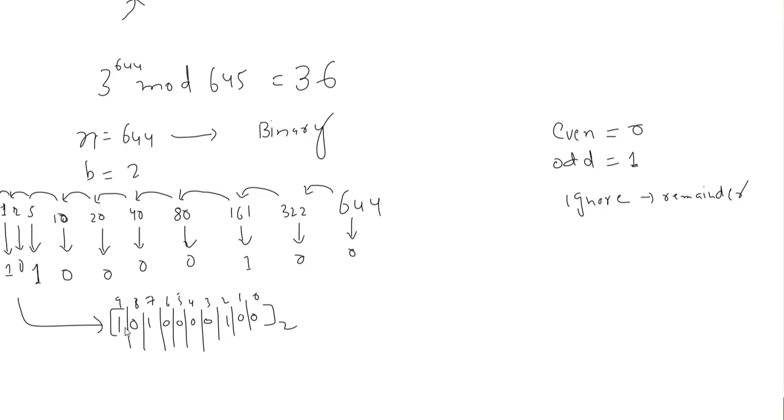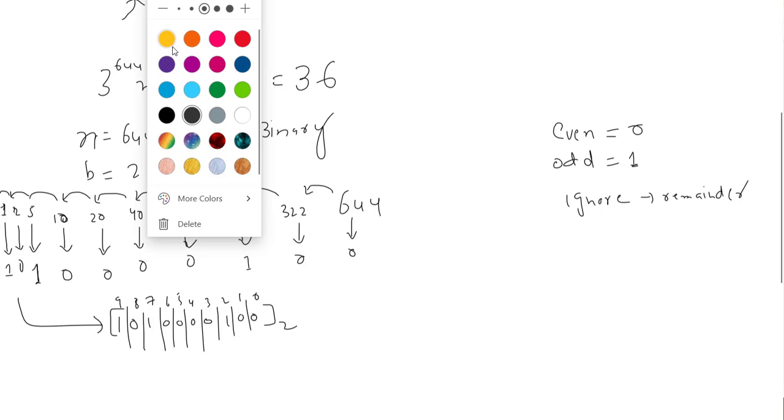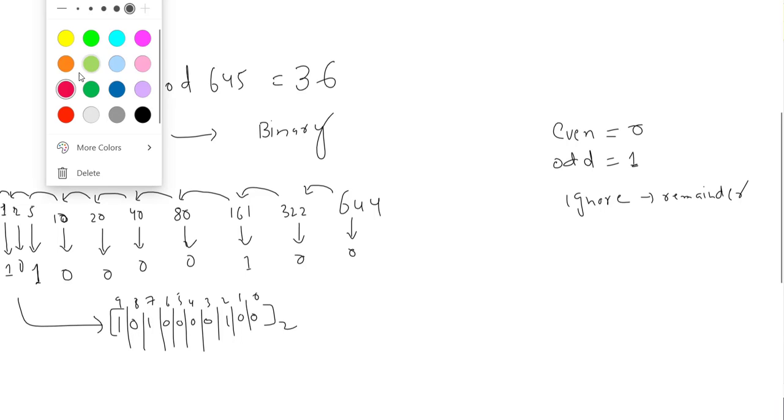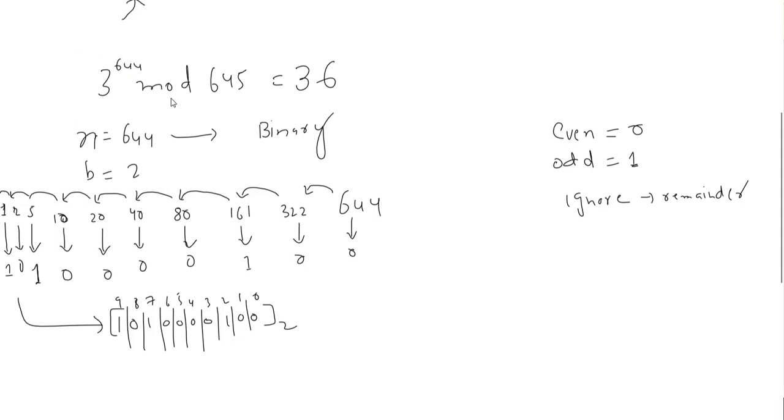Since 1 means presence and 0 means absence, the powers that are present are, let me change the color, this is present, this is present, and this is present.